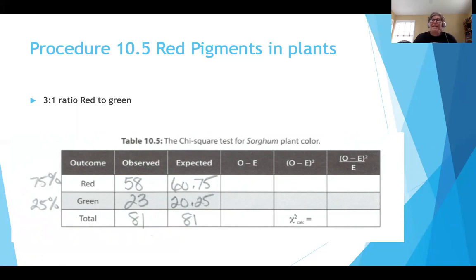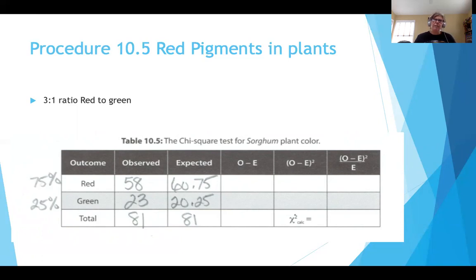When you read that, it tells you which one is dominant, which is red, and which one is recessive, which is green. It also gives you your hypothesis.